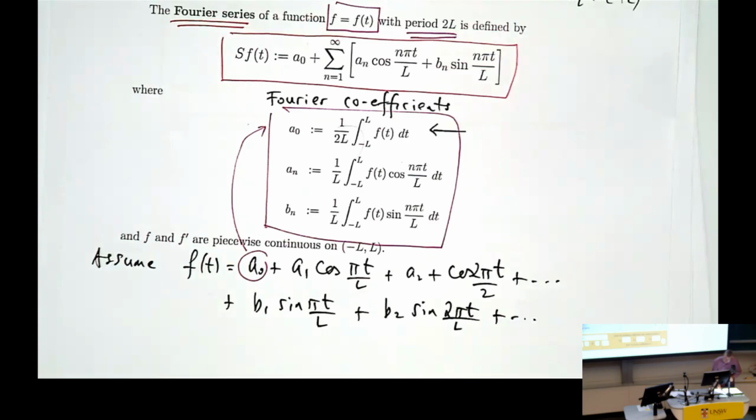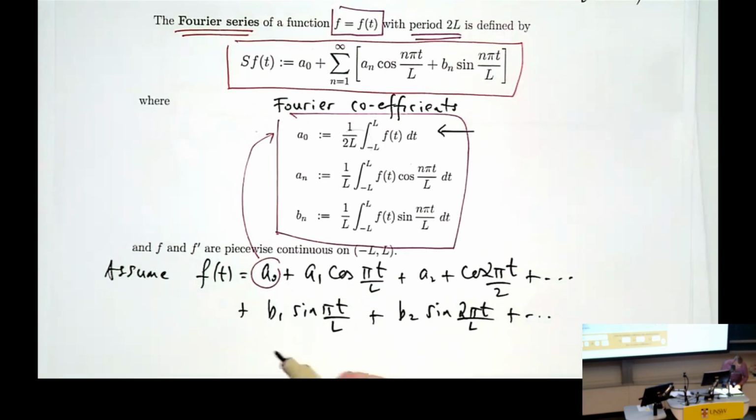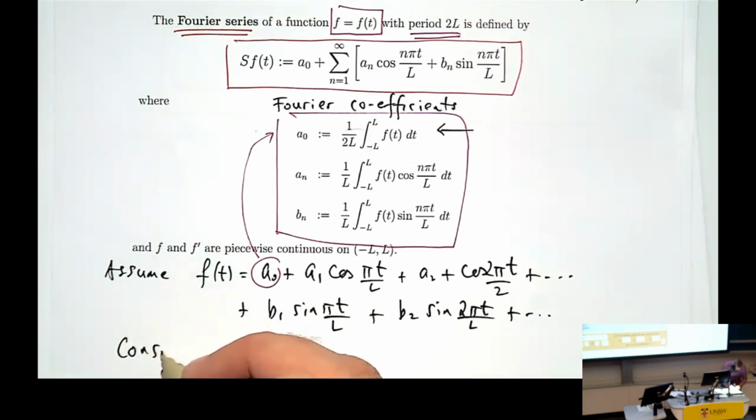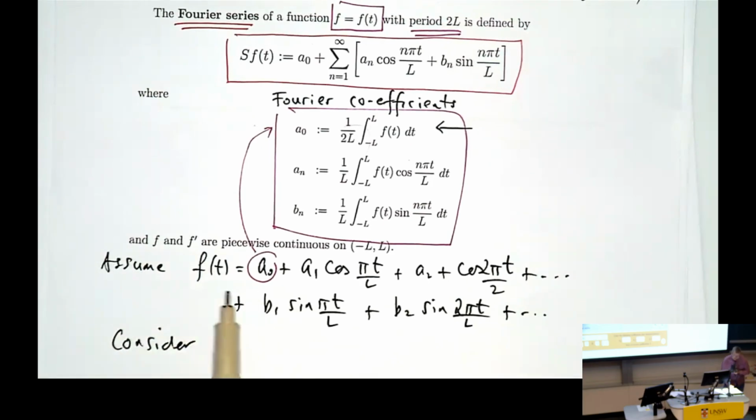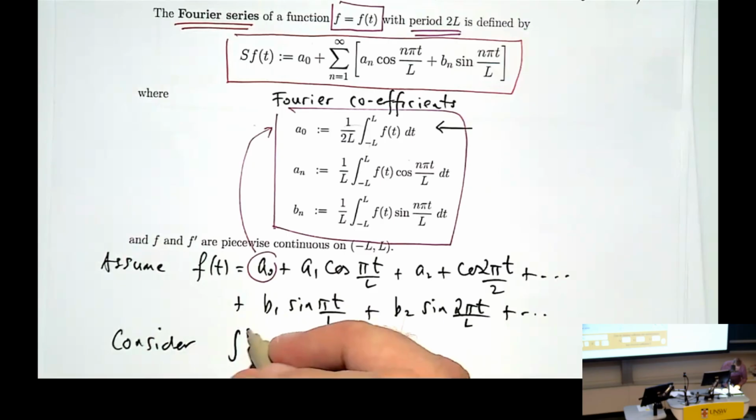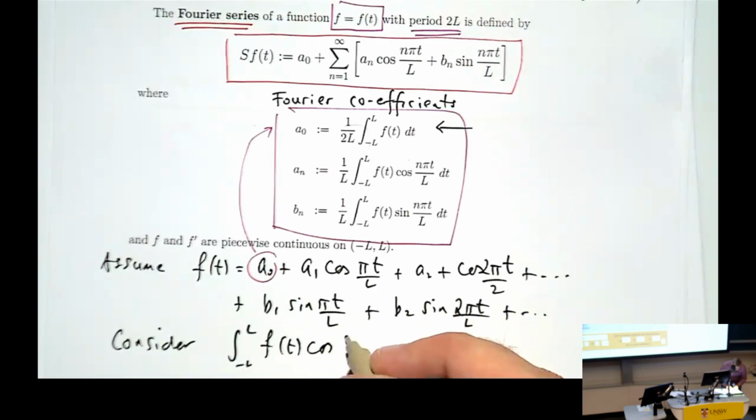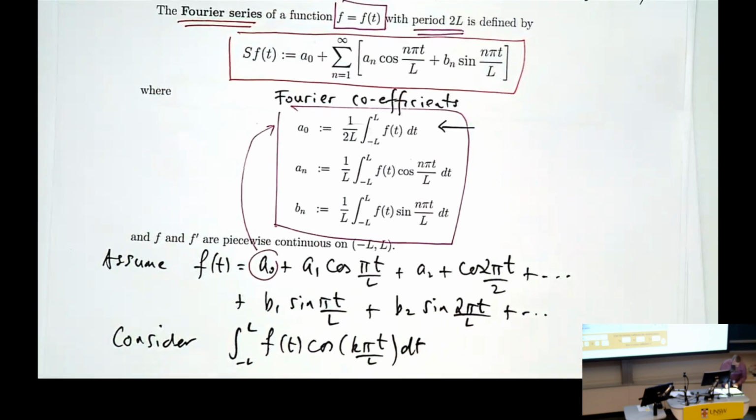Okay? All right, so let's try that and see what happens. So if you consider the following, I'm going to multiply both sides and I'm going to integrate. So I'm going to multiply both sides by cosine k pi t on L and integrate.